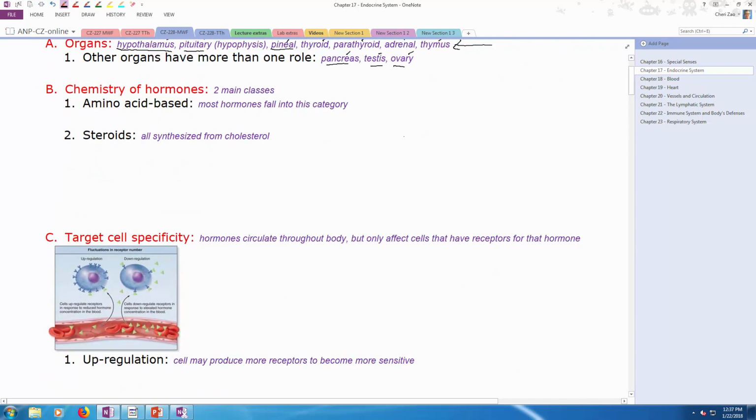Hormones are what we call the secretory product. And there are two categories of hormones based upon their molecular structure. We have hormones that are amino acid based, which most hormones fall into this category, or steroid based. If we say that you are amino acid based, what's another word you can use for things that are made from amino acids?